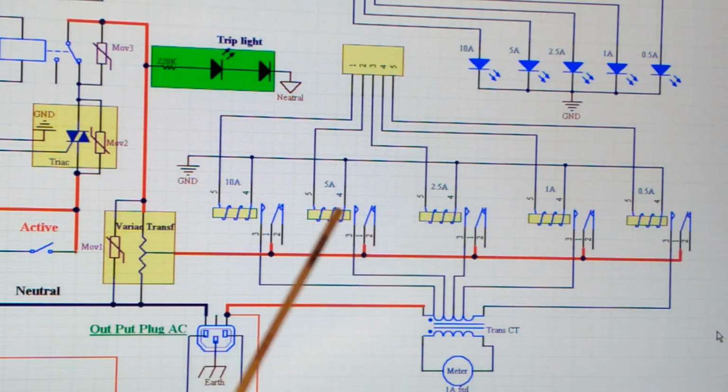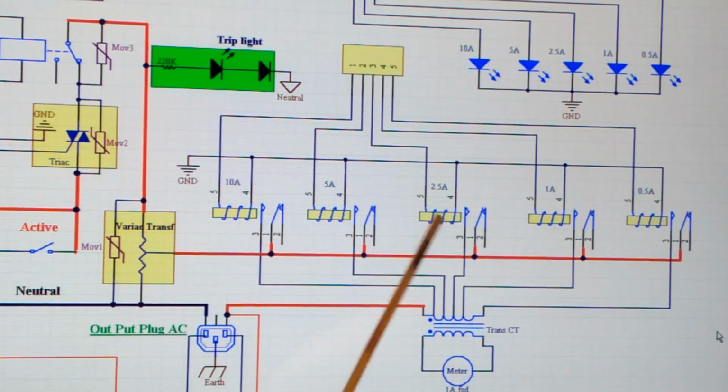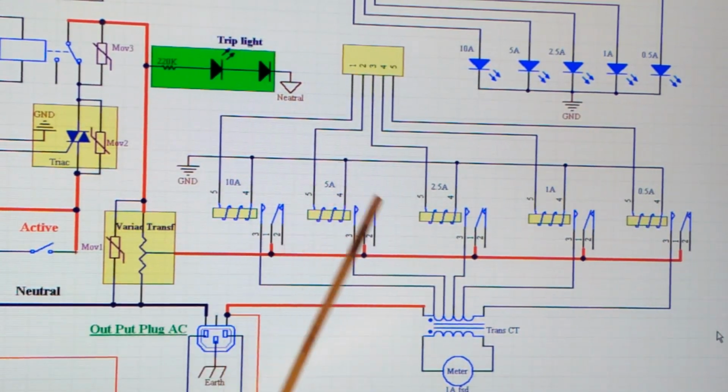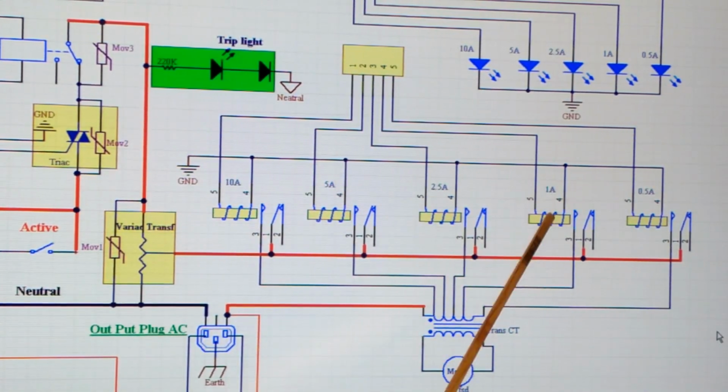You need to change the scale to a higher one, the 5 amp is the next step up. So first turn on the 5 amp scale, and 60 milliseconds after, turn off the 2.5 scale. Or if you were on a different scale, you turn it off 60 milliseconds after.